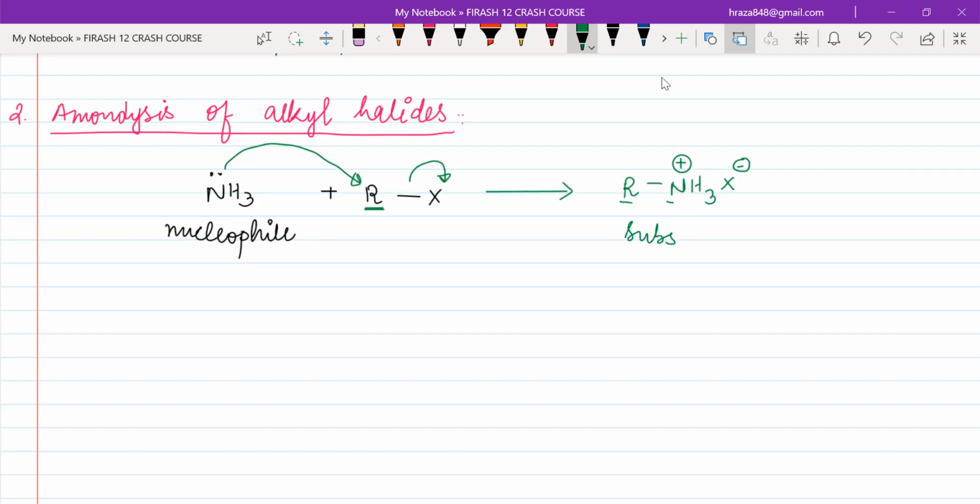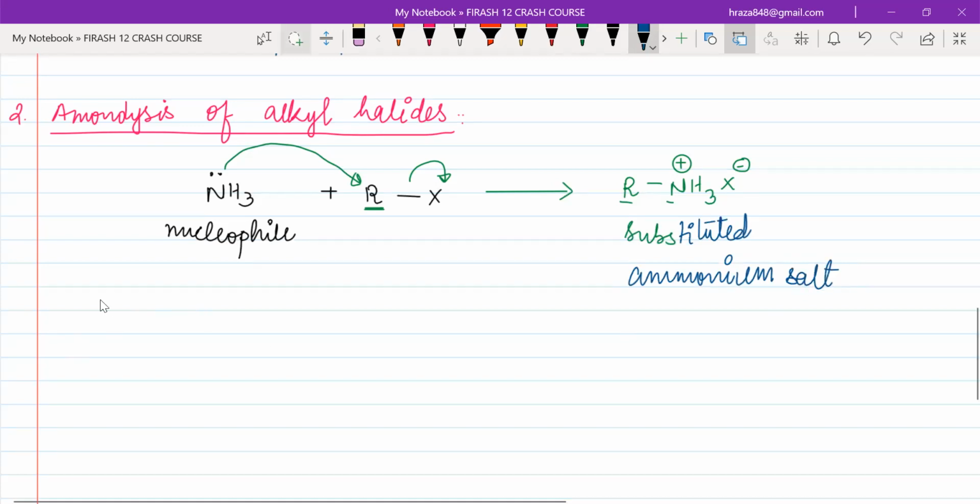So we can also write substituted ammonium salt. Also, it's very important to note, please focus here.